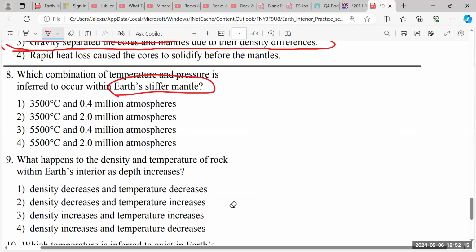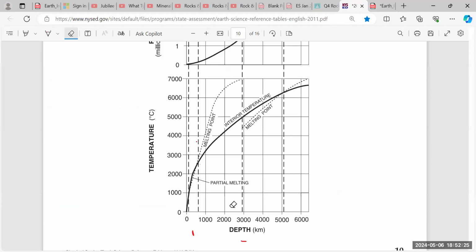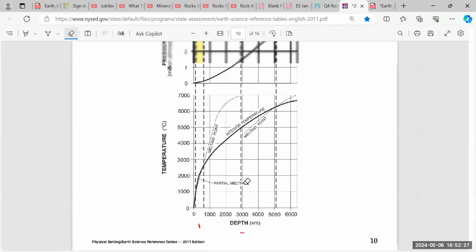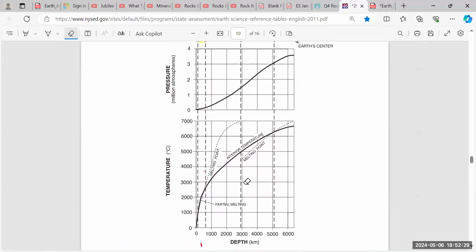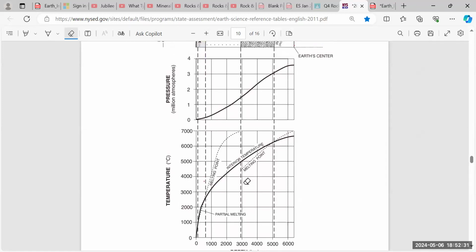All right. So the first combination we're going to try very quickly is 3,500 degrees Celsius and 0.4 million atmosphere. So let's try that out real quick. Let me zoom this out. All right. So 3,500, right?